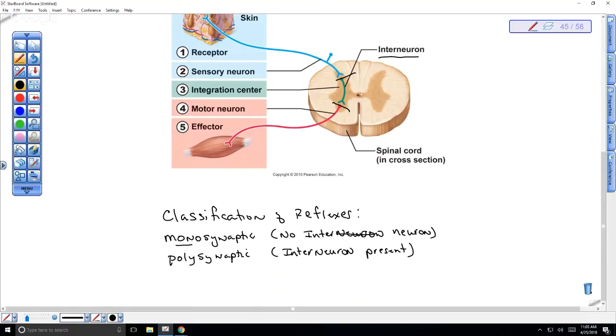Okay. We can also talk about reflexes that are ipsilateral. And this means that the stimulus and response occur on the same side of the body.